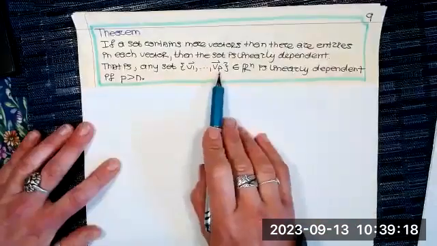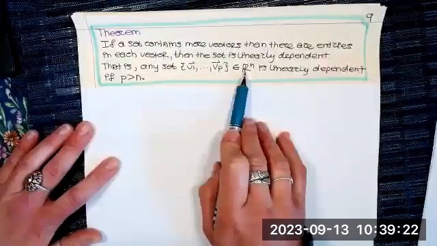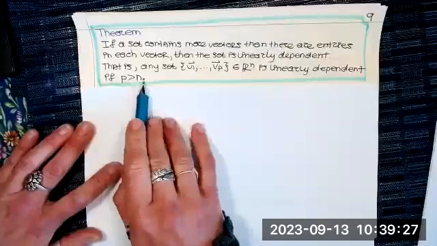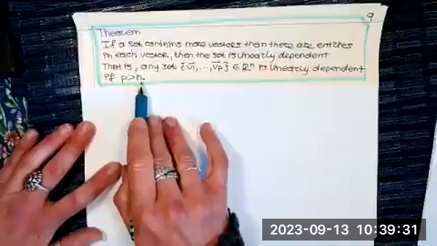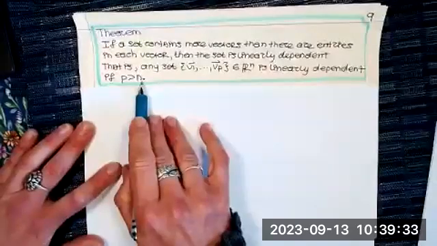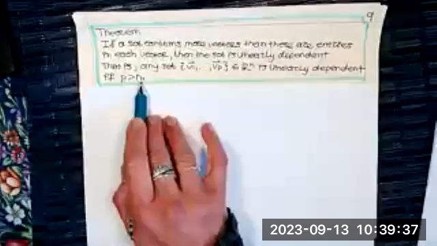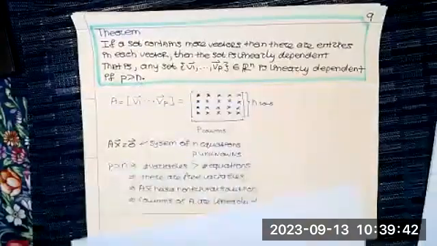So if I have a set of P vectors, and those vectors are in Rn, then the set is linearly dependent if P is greater than n. So if the number of vectors is greater than the dimension of those vectors, then the set will have to be linearly dependent. So you don't have to do the augmented matrix form or anything else. You can just immediately conclude that the set of vectors is linearly dependent.